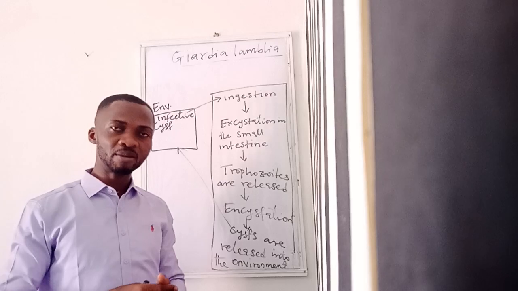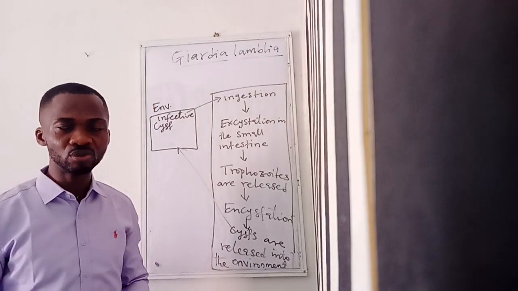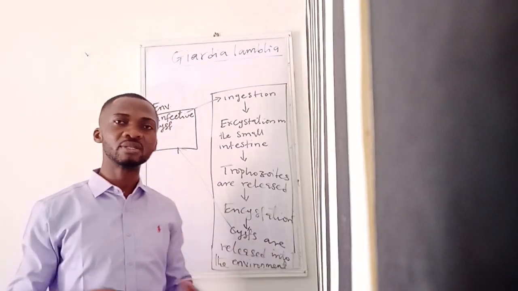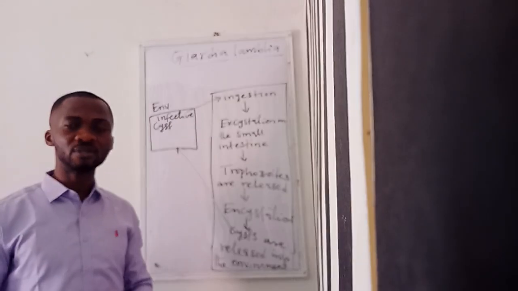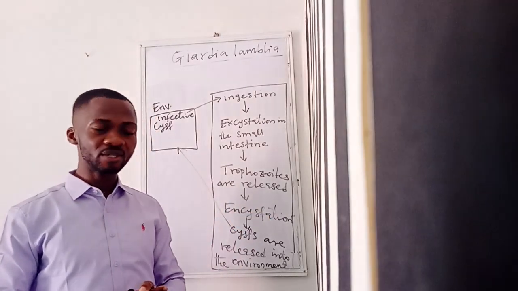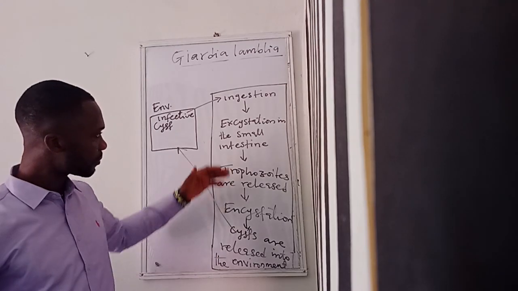So if you are a med lab student, by the time you graduate, you should know how to specifically identify the eggs of some of these parasites. There are a few characteristics you can use to identify the eggs of this parasite, but I don't want to go into that.